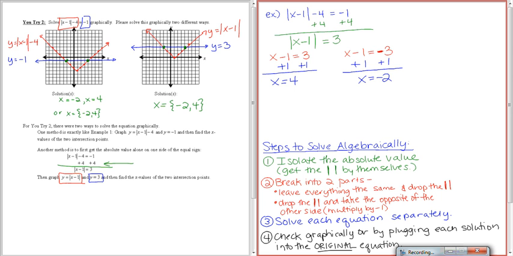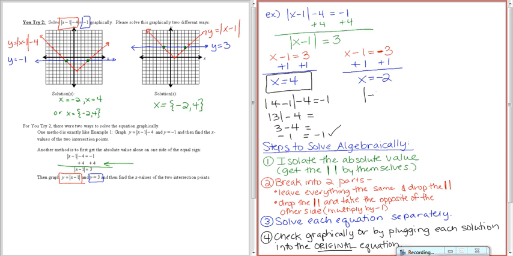Last, we're going to check each of these solutions by plugging it back into the original equation. If I plug 4 into the original equation, I have 4 minus 1, which is 3, the absolute value of 3, which is 3, and 3 minus 4, which is -1. So -1 equals -1, and x equals 4 is a true solution.